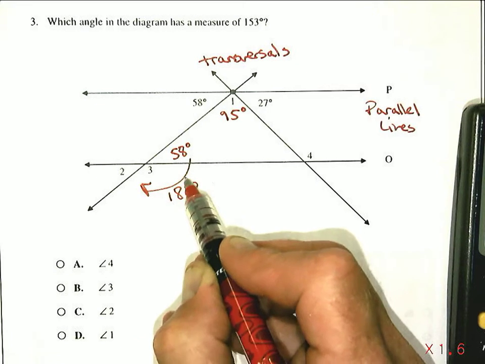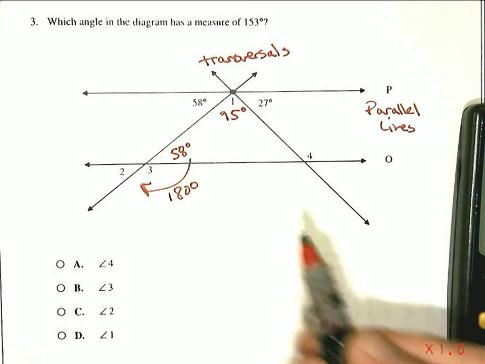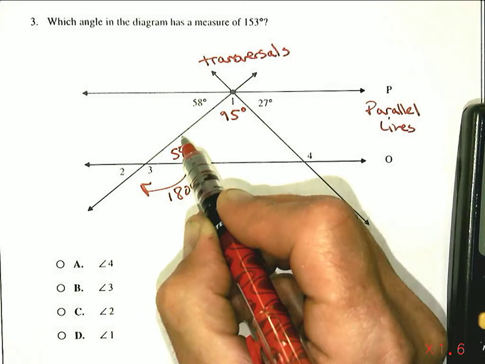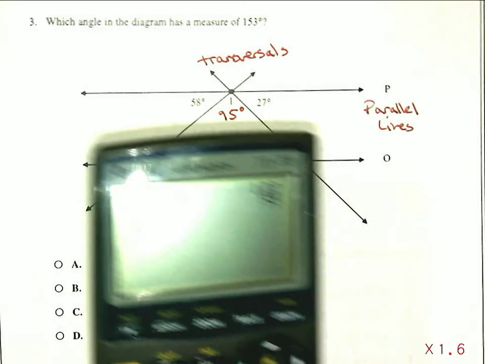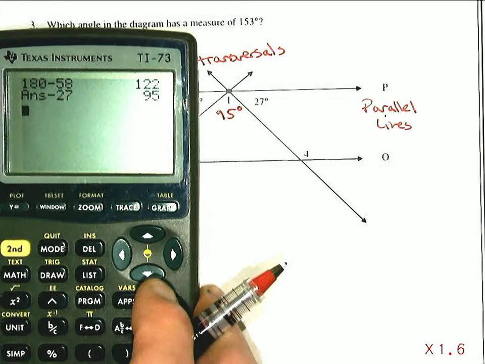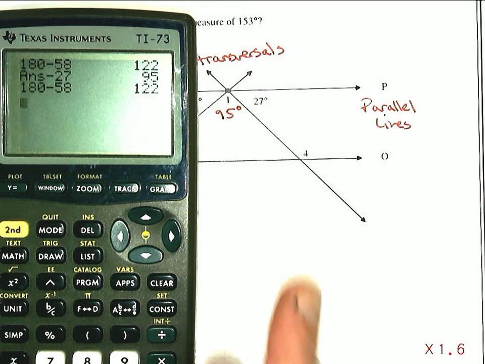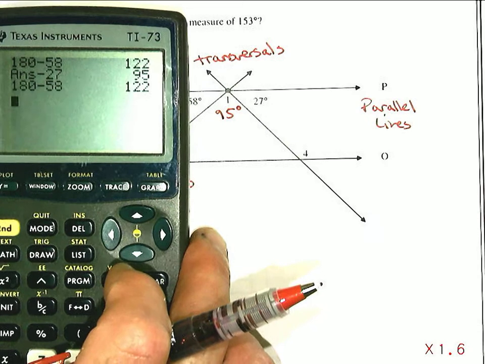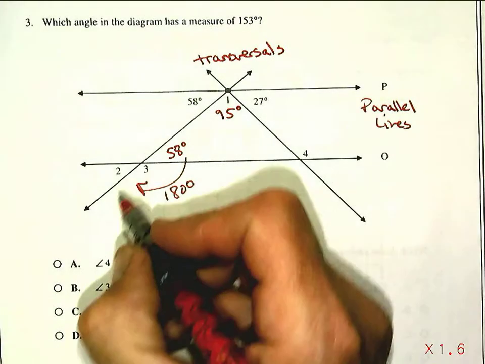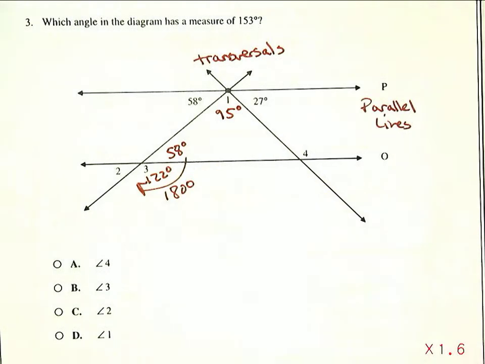If I subtract the 58 from the 180, the two combined are supplementary angles that add up to 180 degrees. So 180 minus the 58, 122 degrees is the measure of angle number 3. Together they make 180, so that's not the one I'm looking for.